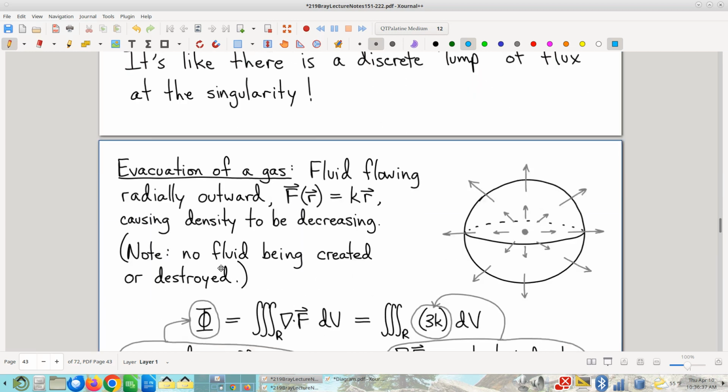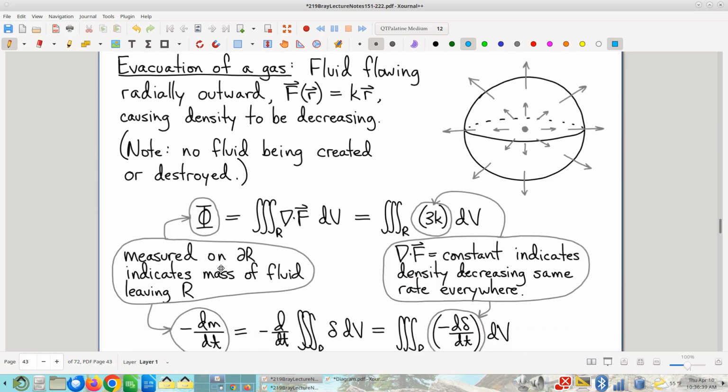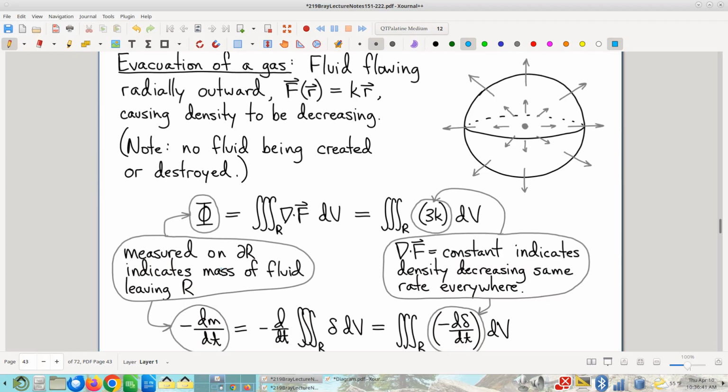Okay, here's another example. Totally different physical scenario. I like to think of this as a gas. It could be any fluid, but gas is a convenient metaphor. I also find it convenient to avoid asking where the outside air pressure is, and whether this gas is contained in a container. I don't want to deal with that stuff.